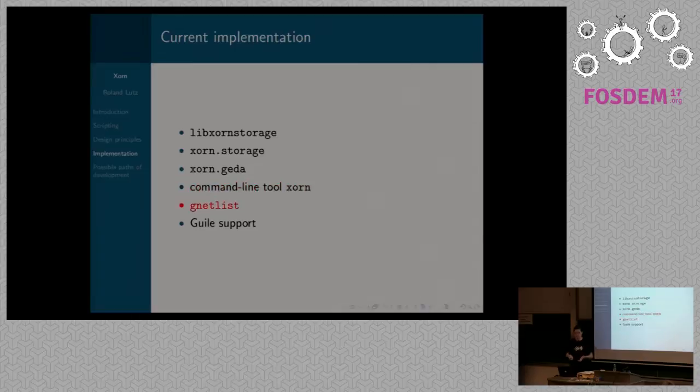And there is support for Guile, which is important because it allows users to use the old setup they have with executed Scheme configuration files and maybe custom Scheme code executed in the netlister, and it will still work.